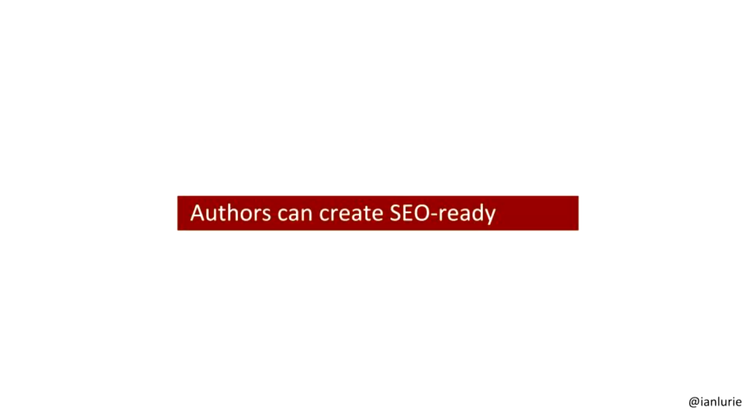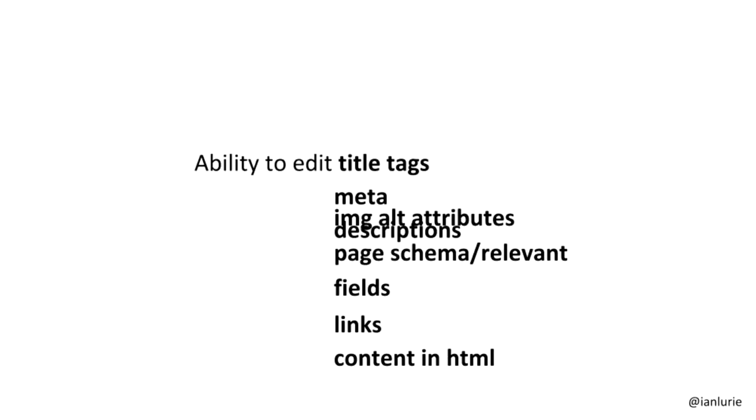Okay, anyway, can your authors create SEO ready content? That's a pretty important question. Are they able to edit title tags and meta descriptions and alt attributes and schema and relevant fields and links? If they can't, obviously that's going to cause problems and you don't want to have to deal with it later. I've actually had clients where you have to do a code release in order to roll out new title tags and things.